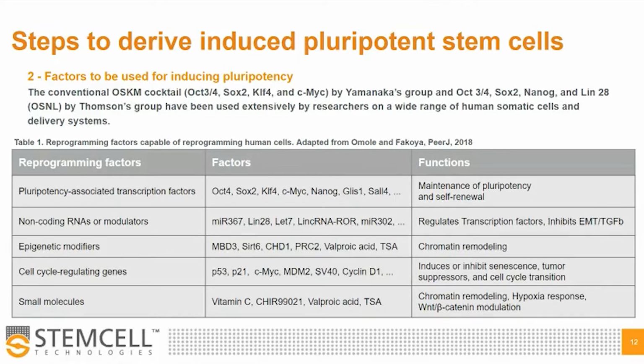Overexpression of p53 inhibitor proteins, such as REM2 and MDM2, increase the reprogramming efficiency. Small molecules also improve cellular reprogramming efficiency, in part by promoting the activity of epigenetics, cell cycle regulation, and signaling pathways.